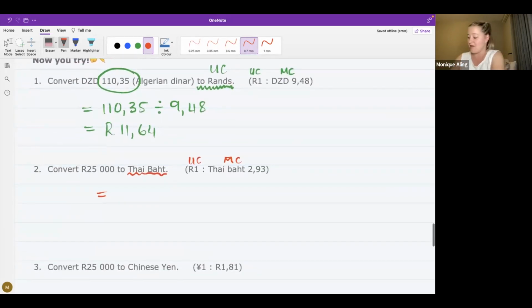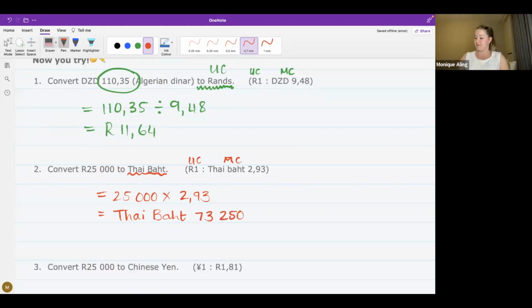So we're taking the amount in the question and we times by the exchange rate, which is 2,93. So yeah, I don't know the symbol. If you had to exchange it, you would have 73,250. So going there with the rand is quite awesome.